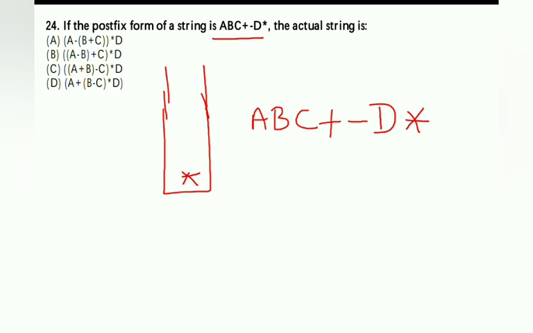So option A is the correct answer. If you want to convert infix to postfix, we have to remember two rules: we have to follow the priority of the operators, and no low priority operator can be placed on the higher priority operators.